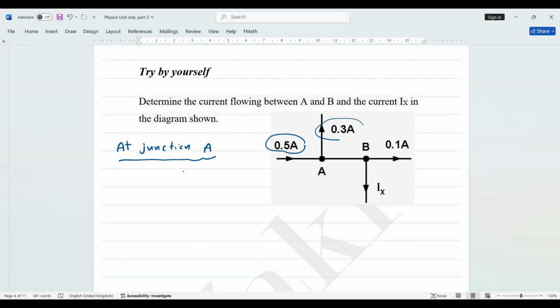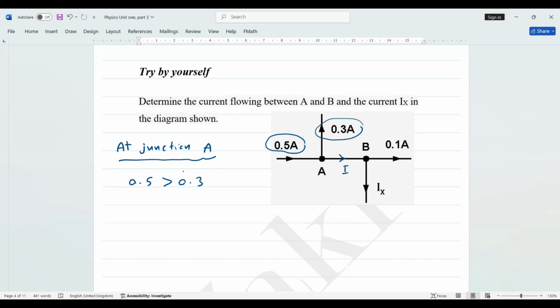The current out is 0.3. Because the current in is greater than the current out, between A and B must be the current out. Then it must be like this. Why? Because 0.5 is greater than 0.3. The current must be positive, then the current direction is from A to B. How can we decide? Just compare the current in and the current out.